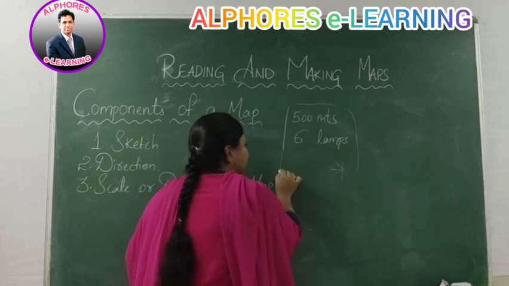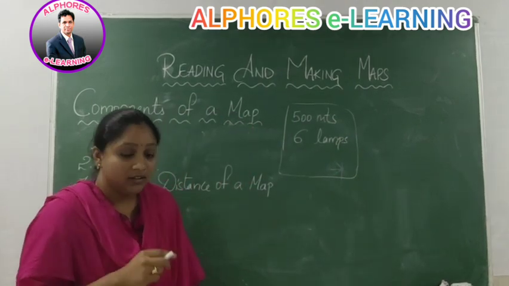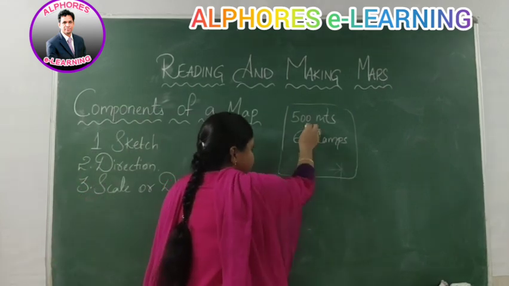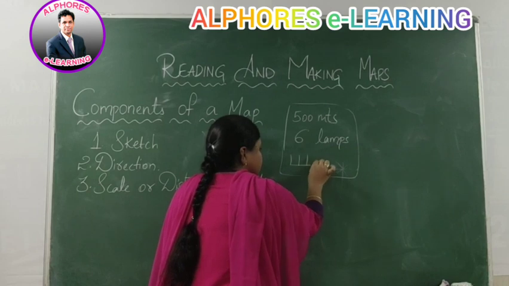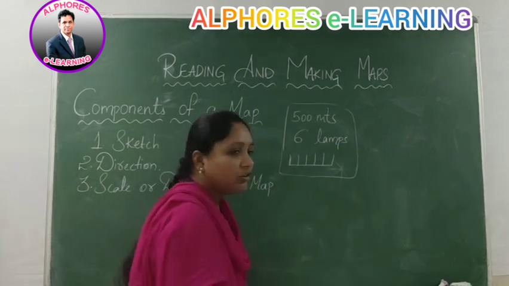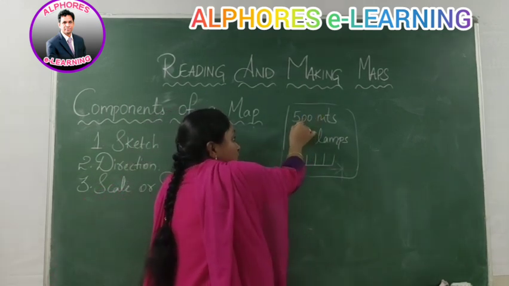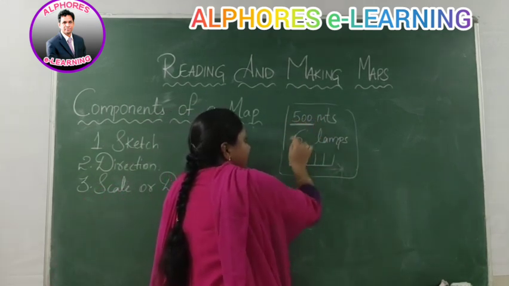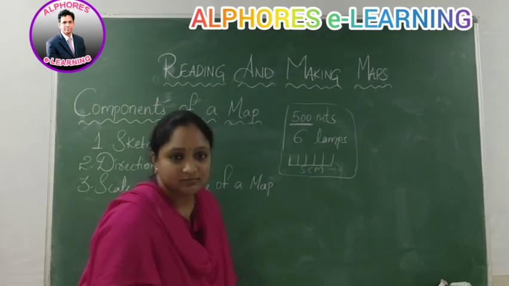And not only that, they have given a small rough map, like a small one like this. For this small map, they cannot draw the 500 meters on it. What did they do? They converted this 500 meters into 5 centimeters.